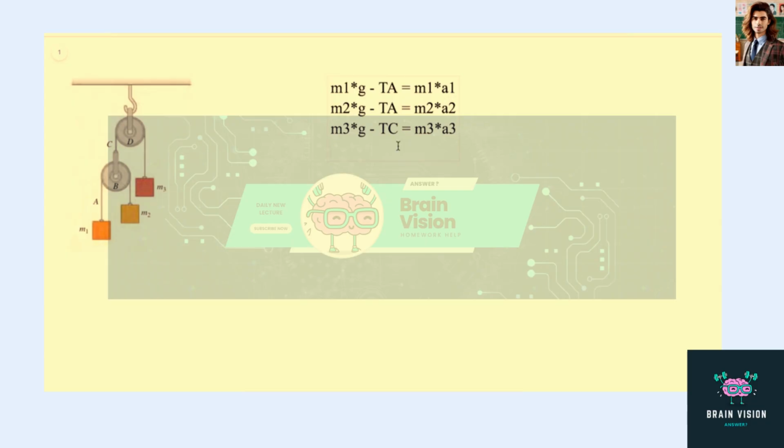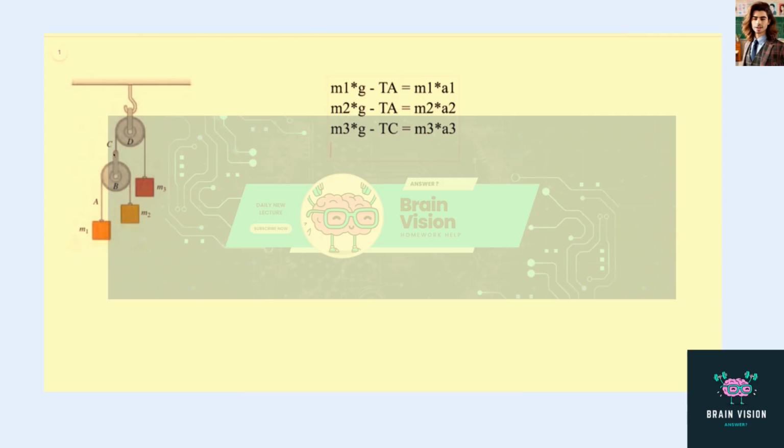So let's think about, for example, this pulley B. We know that there can't be any net force on it, so we know that these forces are going to have to balance out.